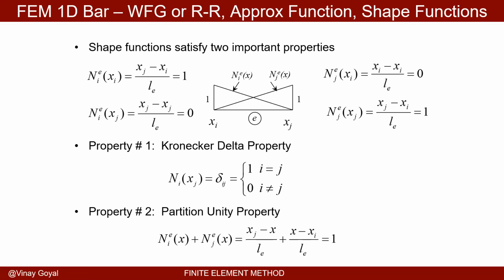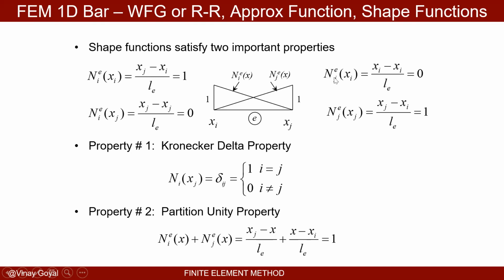The first important property is that they satisfy something called a Kronecker delta. In other words, the shape function corresponding to a node I, that shape function will be 0 everywhere else. You can see here that N_i is 1 at this node, but N_i is 0 at this node.